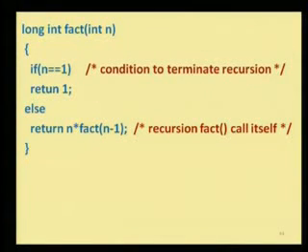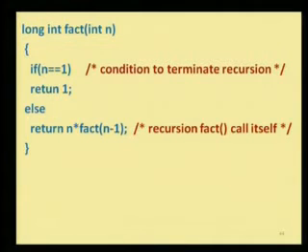Long int is the definition of the function. Then if n equals 1, this is the condition to be checked. We define the formal parameter int n, and the value is assigned to n, and the operation is done on that n value.